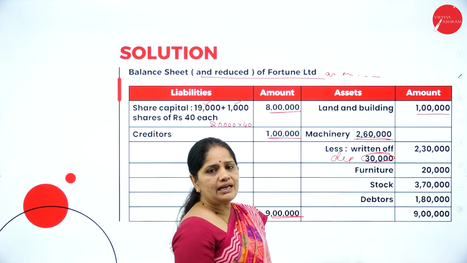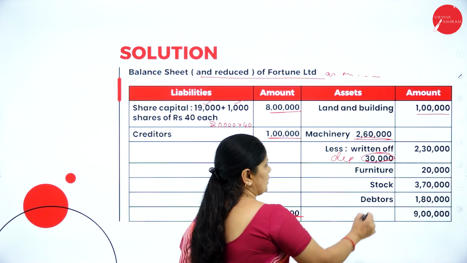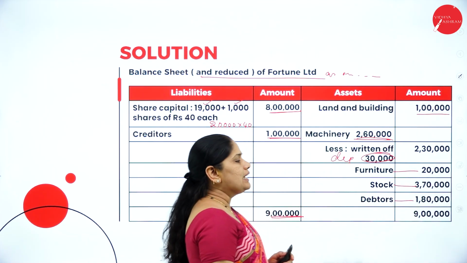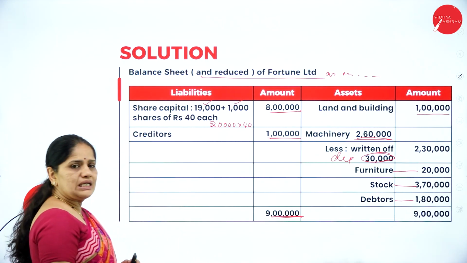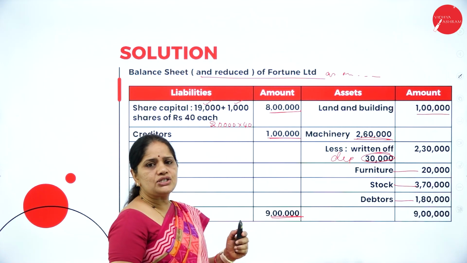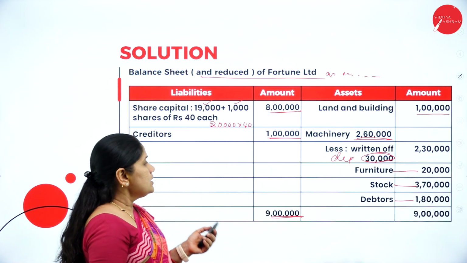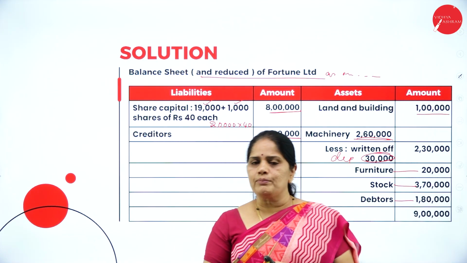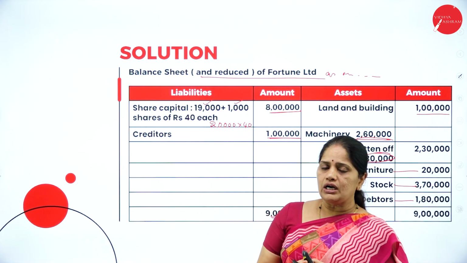Then furniture value remains the same, 20,000. Stock 3,70,000. Debtors 1,80,000. So the total is 9 lakhs. So we have the reduced balance sheet of Fortune Limited. So this is how we have to solve the problems given on capital alteration.